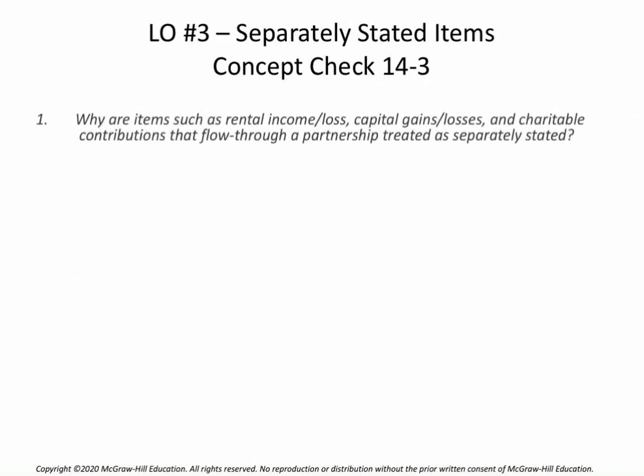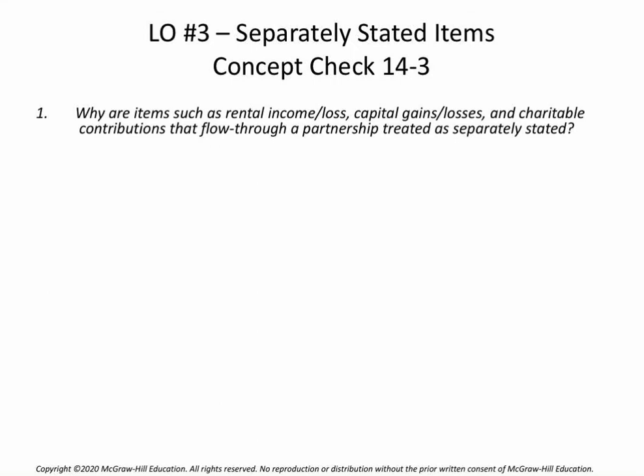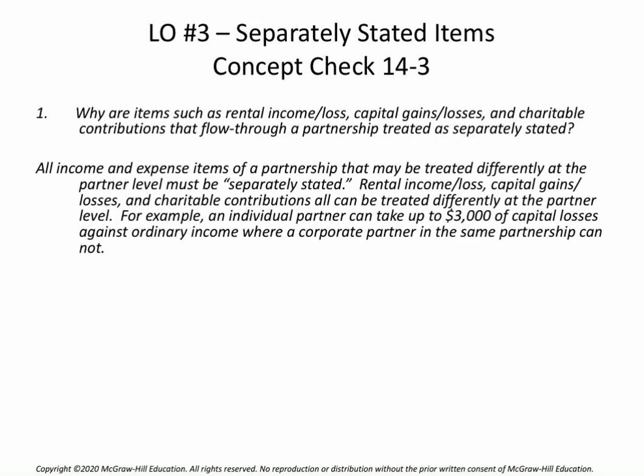So let's take a look at the concept check here. Why are items such as rental income loss, capital gain loss, and charitable contributions that flow through a partnership treated as separately stated? The reason is that each partner might not be similarly situated with respect to those items.